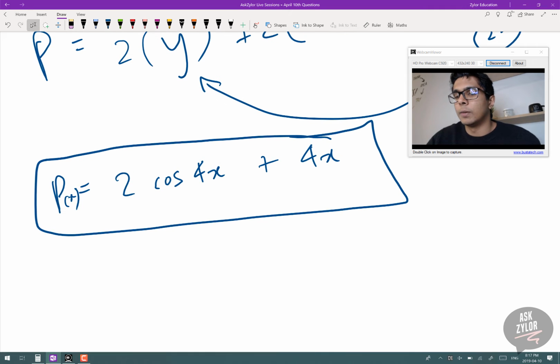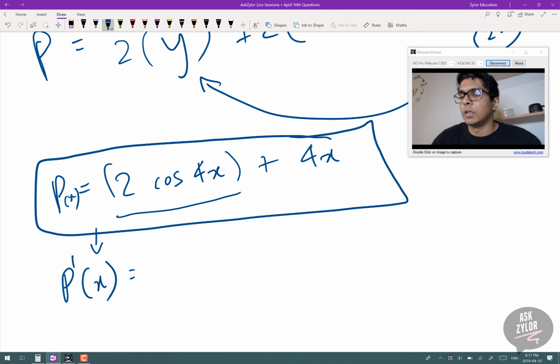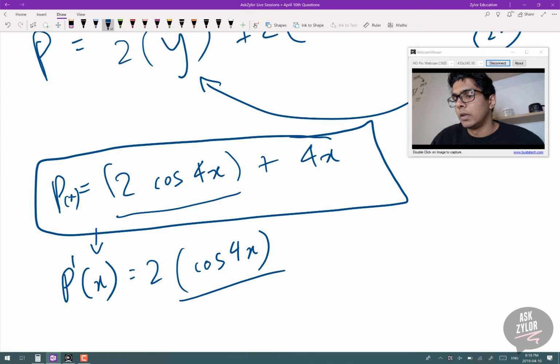Right. So if I'm trying to optimize this, that means I need to check what my first derivative is. So I have p prime, and then the derivative of 2 cos 4x. I'm going to keep 2 on the outside and find the derivative of cos 4x in terms of my x.